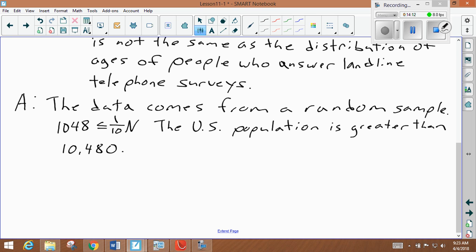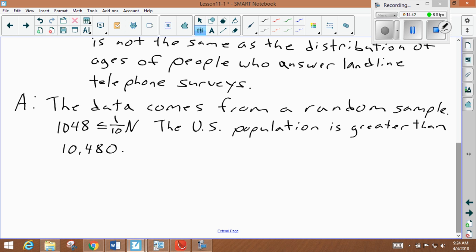All right. Now we are going to check for large counts. I said earlier we have to check that all of our expected counts are greater than 5. What does that mean? What are our expected counts? An expected count is what we think.